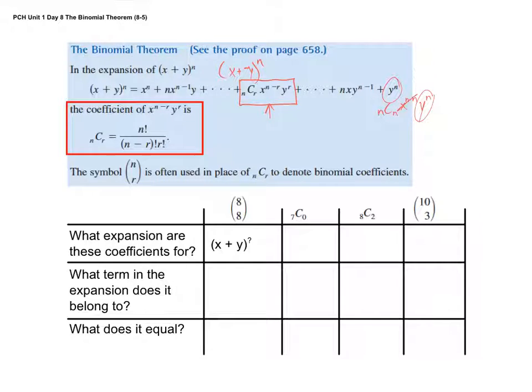Okay? And you can see a couple of the patterns we already saw. Notice the exponent n minus r and the exponent r. If you add those together, what do you get? n. Just like we were supposed to. n minus r plus r is just n. Okay?